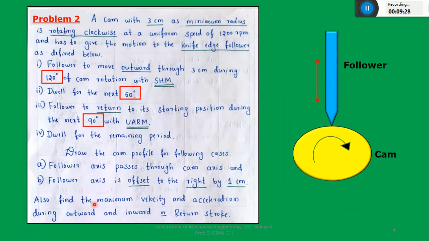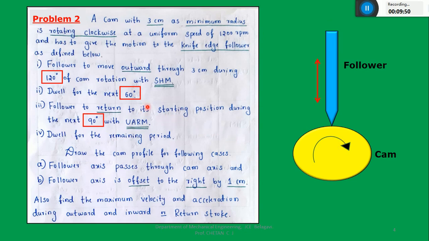So you need to find the maximum velocity and acceleration of the follower during outward stroke and return stroke. Return stroke is also called inward. Outward means the follower will be moving away from the center of this cam. Inward means the follower will be moving towards the center of this camshaft. So I think this is clear.